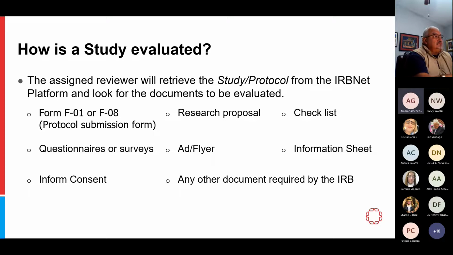Let's say, for example, that a doctoral student wants to do the research using a medical facility. The IRB will require an authorization and support letter from that medical facility stating that the student can do that research there.